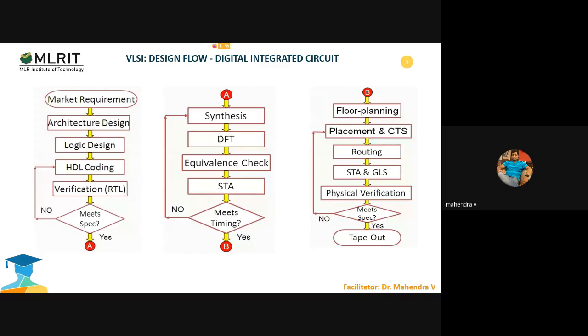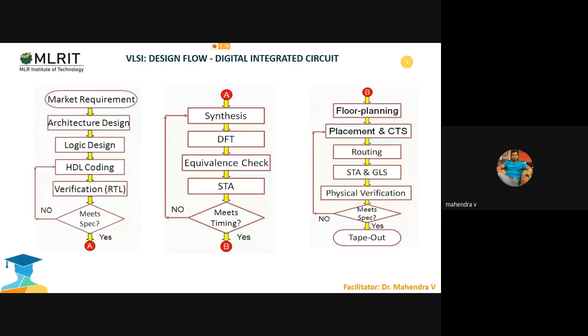Now the first step is market requirement. Here we need to capture the market requirements. What are the market requirements? If you would like to design a digital integrated circuit for a real-time application, first of all you have to see its specifications: number of inputs, number of outputs, performance, functionality, and physical structure.